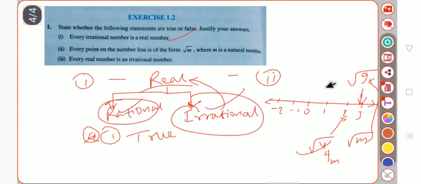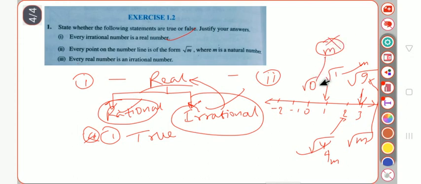Now coming to point 1, we can write it as root 1, where m is 1. Now coming to point 0, we can write it as root 0, which means 0. Here m is 0. But it is saying m is a natural number, and 0 is not a natural number. So here it fails, as m is 0.